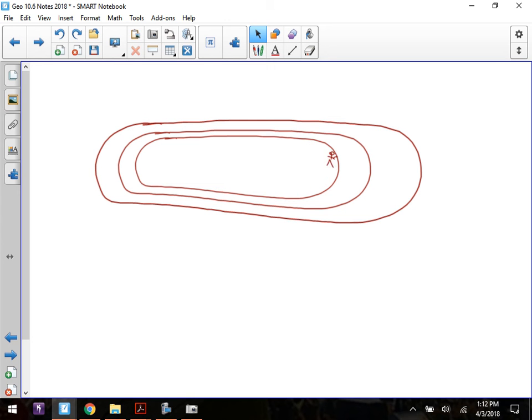Which track is the shortest to run around? The inner one. Now who's going to get to the finish line first if they stay in their lane? You. This is why things are staggered for starting spots. That's why they're staggering them out, so that way each person is running the same distance. Okay? Does that make sense?